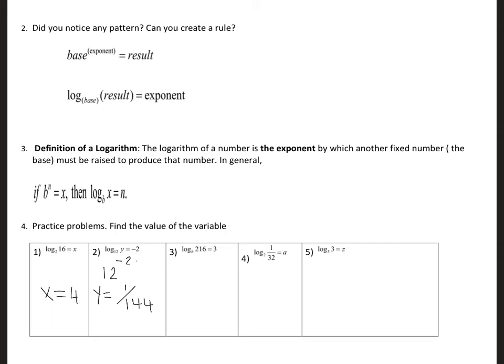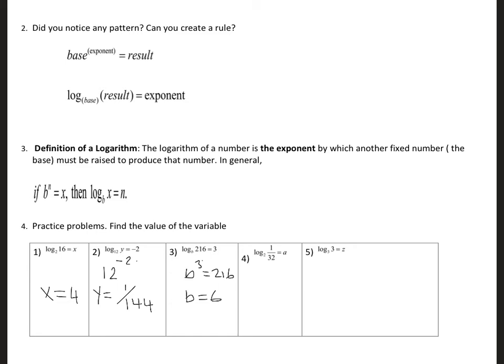Whenever you see the negative, it's going to be a fraction. So here you're looking for the base. b raised to power 3 is equal to 216. So what must b be? b has to be 6. And here, 2 raised to a is 1 over 32.